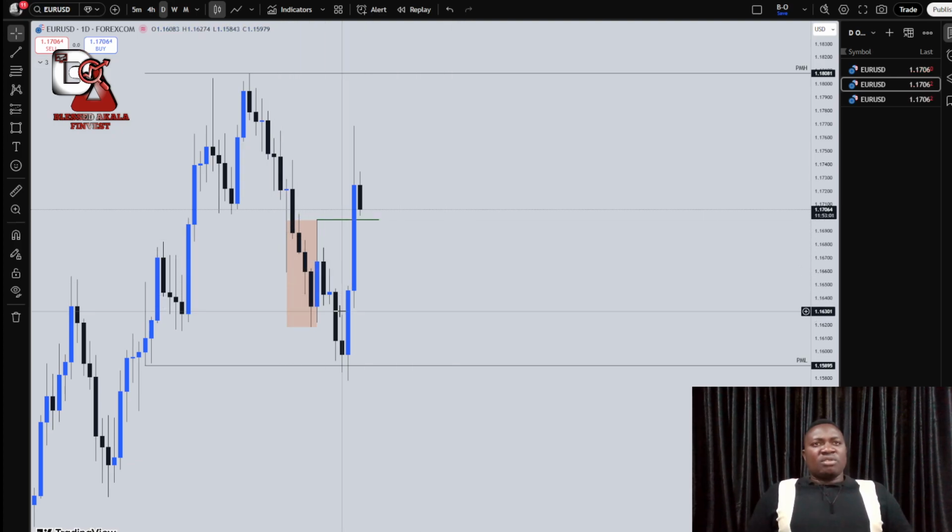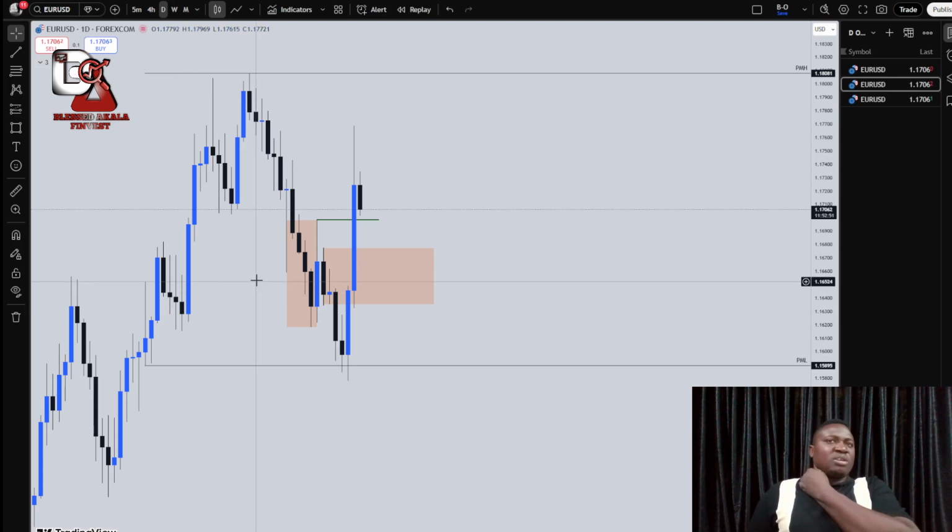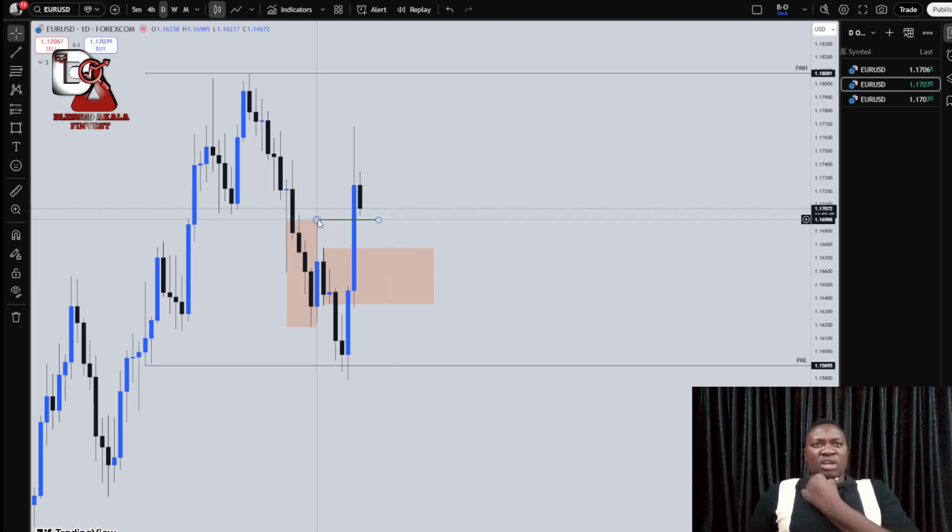And the only level that we have from within the daily to react from is this particular level here. It can serve as a mitigation block, and as you can see, it transcends that level. So it's either we have some reaction from this level or from within this level, and it's aligned perfectly with this internal structure.